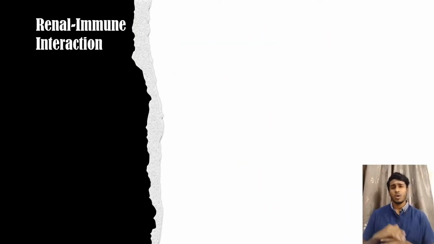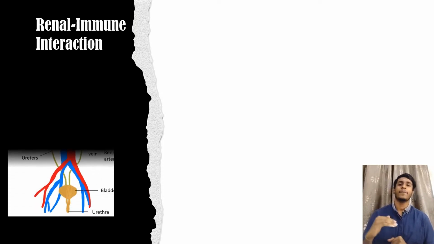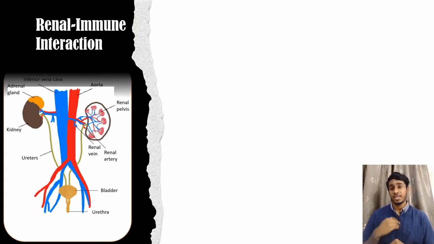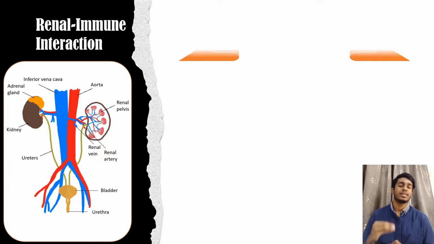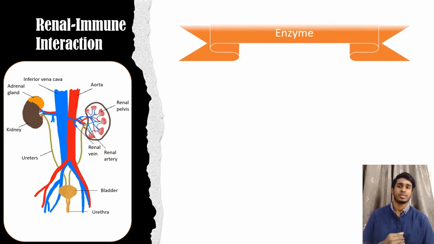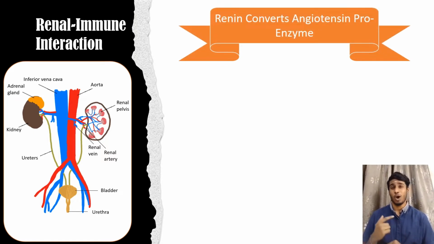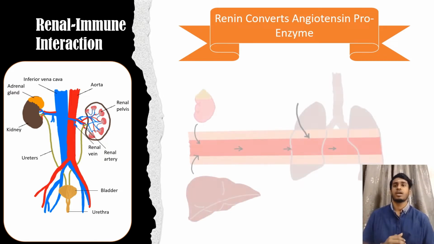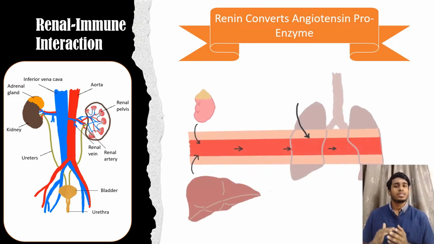Okay, now I want to talk about the renal immune interaction. The renal system, generally known as the urinary system, is a combination of organs that filter excess fluid and other chemicals in the bloodstream. The renal system's roles include waste elimination, blood volume and pressure regulation, and electrolyte and metabolite control.